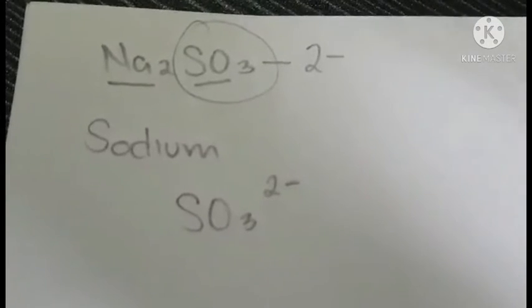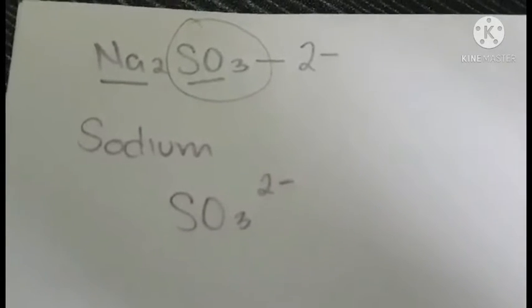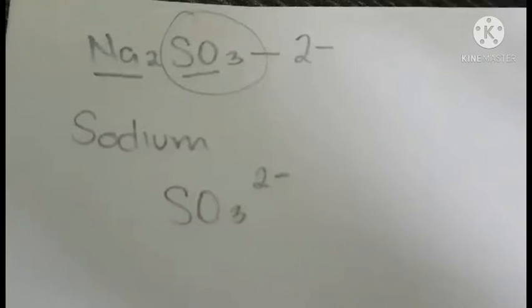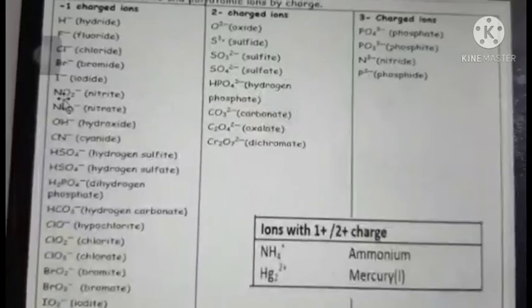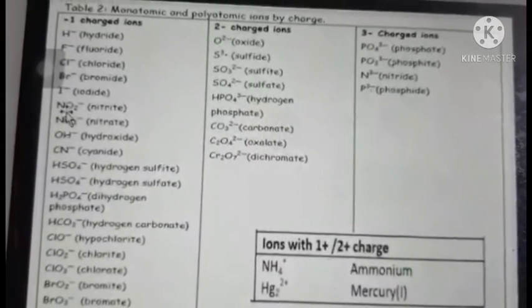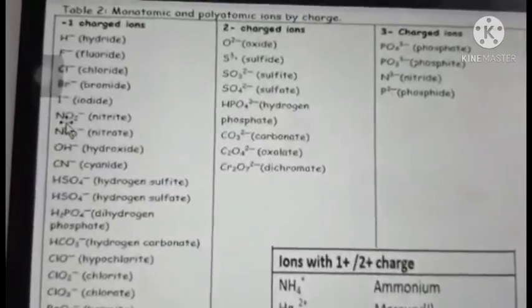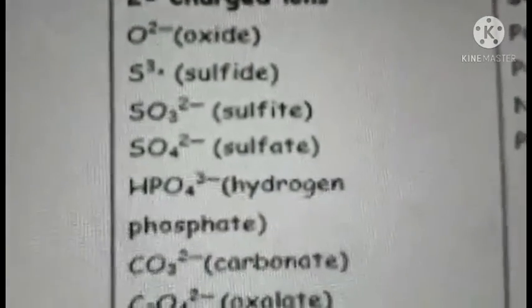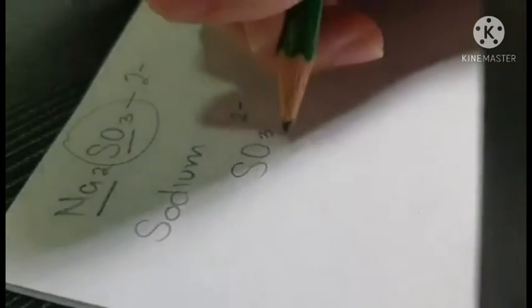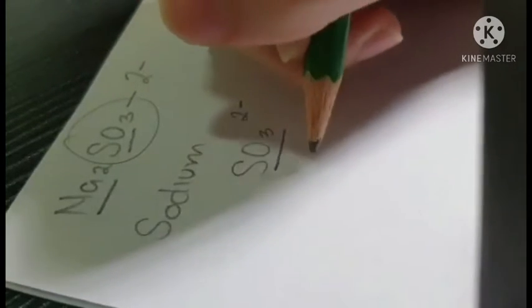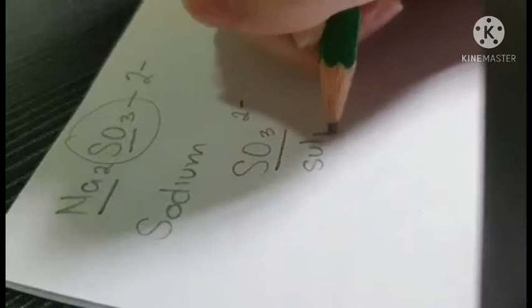After we find the charge and the number of atoms in the anion, we have to look for it in the table. So we have SO3 with a -2 charge and it is named as sulfite. So it means that this sulfur and oxygen is named as sulfite.